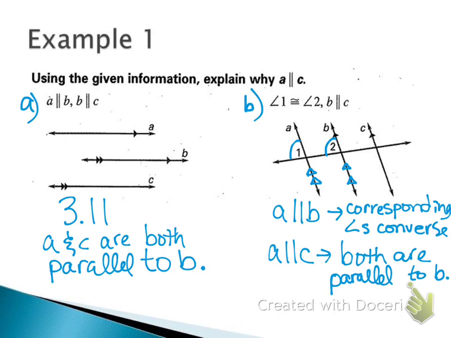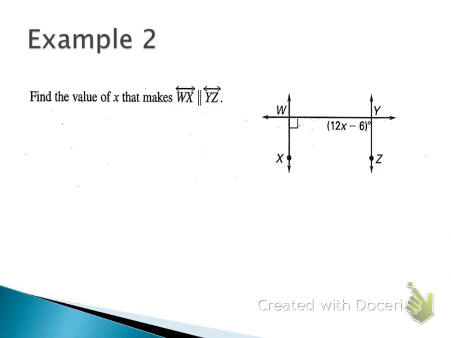So that one took 2 steps to fully explain how we knew that. We had to first explain why A is parallel to B, and then we could talk about why A is parallel to C.